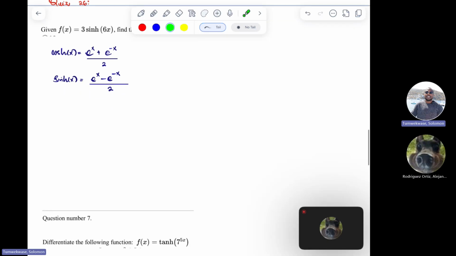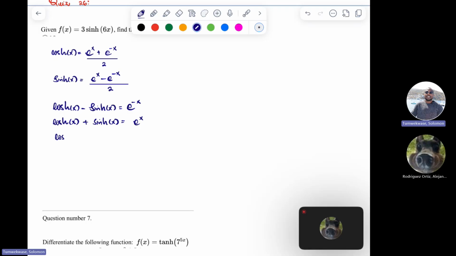Some important relations we should remember are that cosine hyperbolic of x minus sine hyperbolic of x is e to the negative x. Cosine hyperbolic of x plus sine hyperbolic of x is e to the x, and cosine hyperbolic squared of x minus sine hyperbolic squared of x is 1.